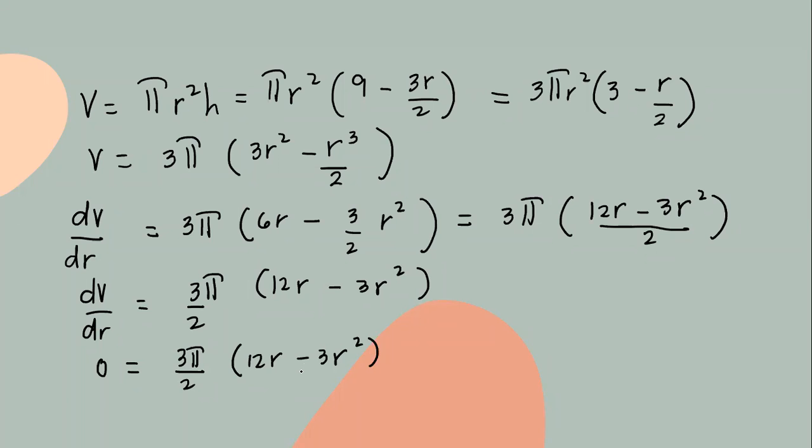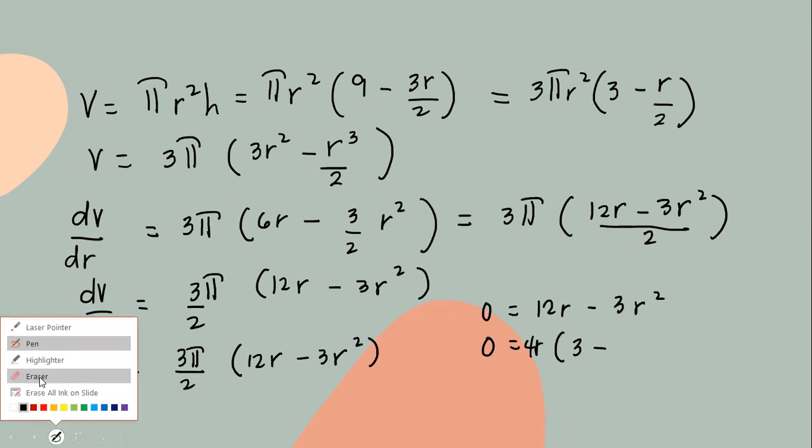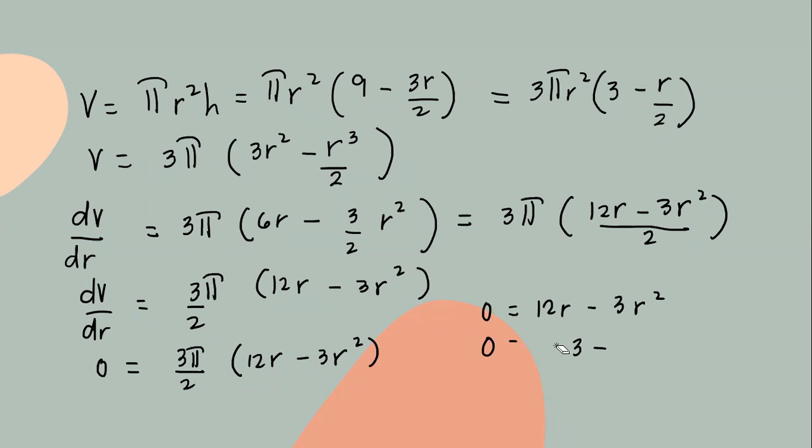If we cross multiply this on the left side, it becomes 0. We have 0 is equal to 12r minus 3r squared. The common factor is r. Therefore, we have 3r times 4 minus r.